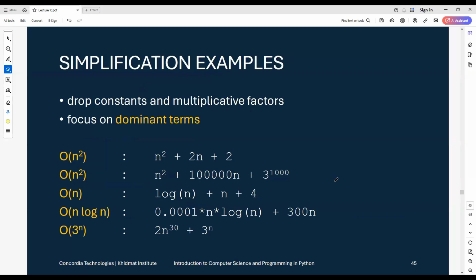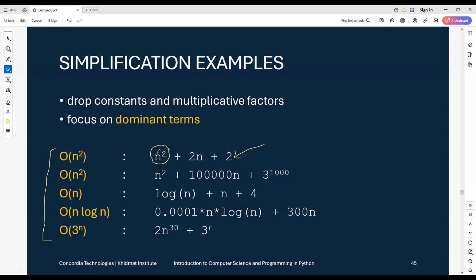There are many other different types of complexity classes mentioned here. And here are a few examples. Let's say we have gone through the algorithm and we have calculated what it is doing inside. So if an algorithm is represented by this expression that says n squared plus 2n plus 2, we only have to look at the dominant term, which in this case is n squared.